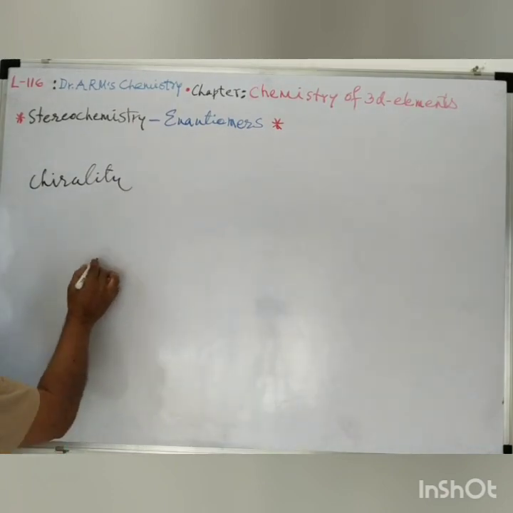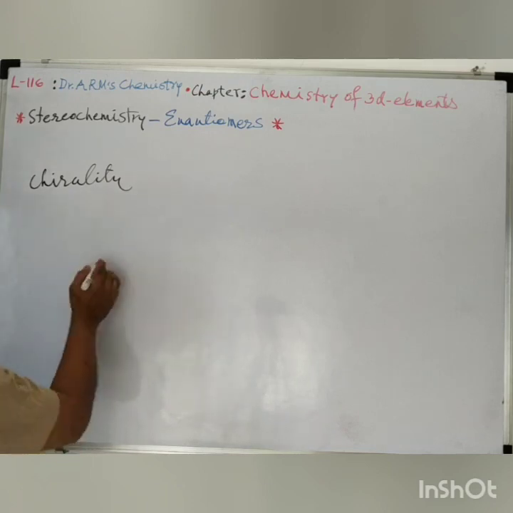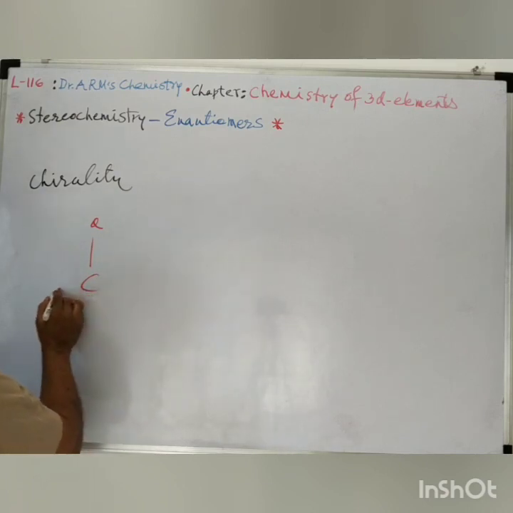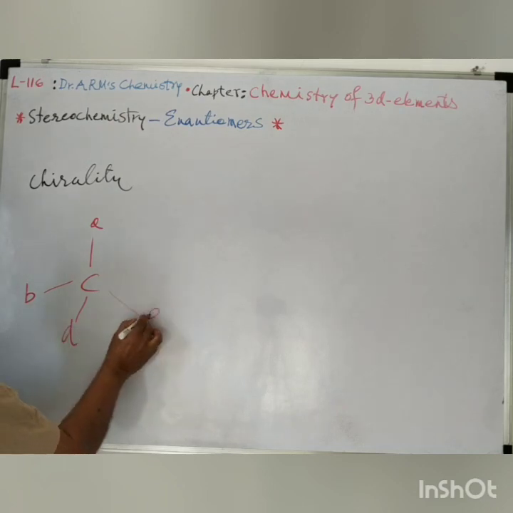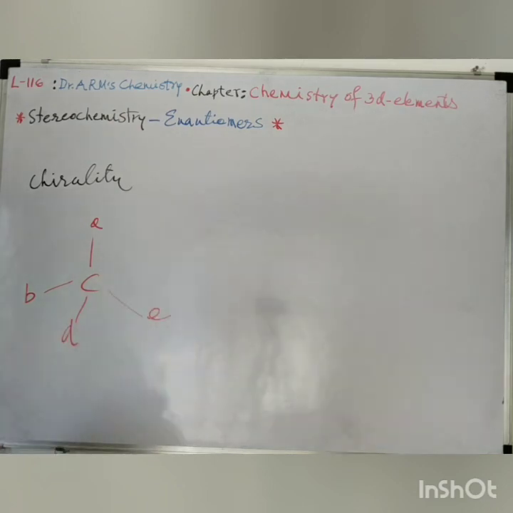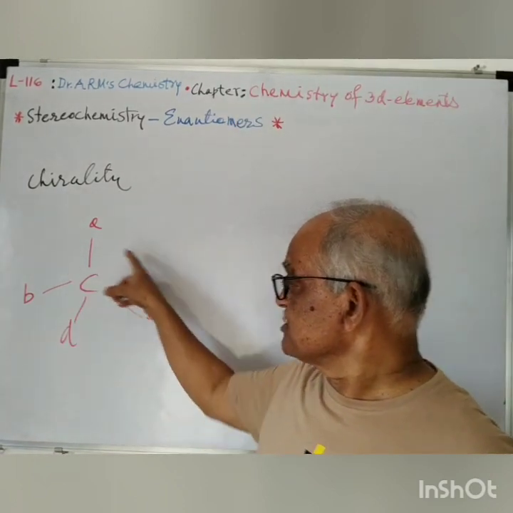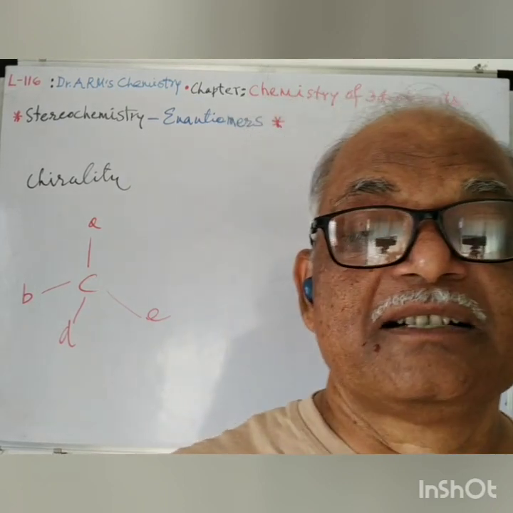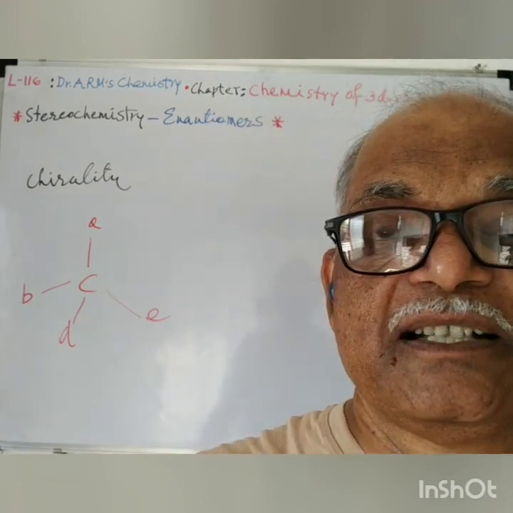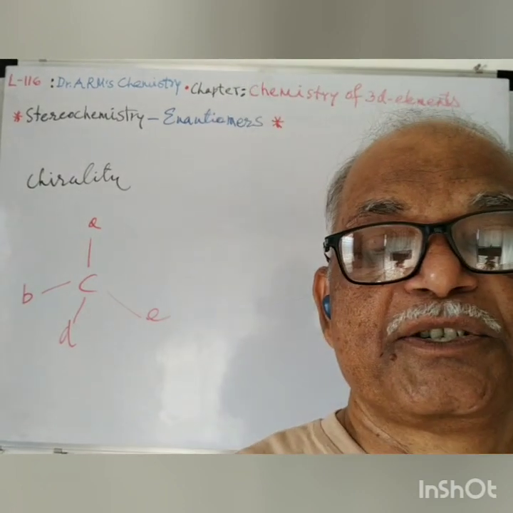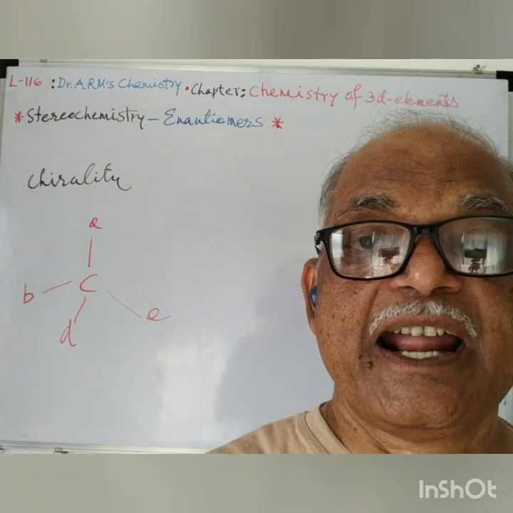For example, say this is carbon, and we have, say, A, B, D and E. So here the carbon is bonded to four different atoms or groups. In this case, we consider these groups as ligands which are attached to the central metal atom or ion.